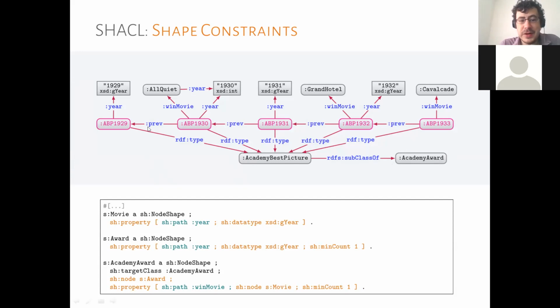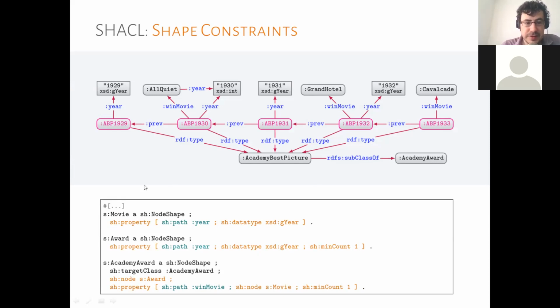So what this means essentially is that we're going to have to check each of these targeted nodes against this shape here, which is targeting Academy Award. And each of these must satisfy directly the award shape, which means that each of them must have a year, at least 1 year, and all years must be of G year.